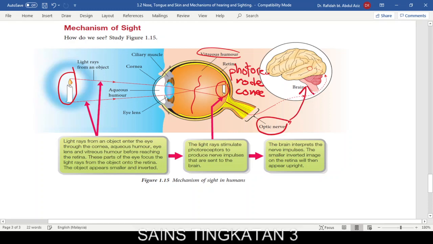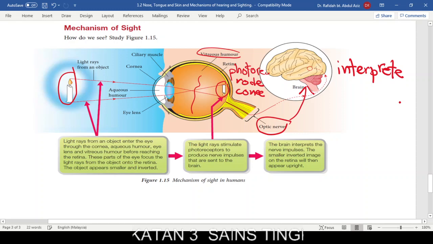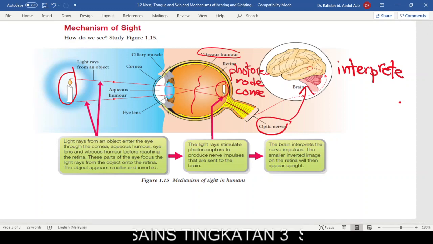When the brain receives nerve impulses through the optic nerve, it will, as usual, interpret the information inside the nerve impulses, and then the brain will tell us what type of object we have seen.